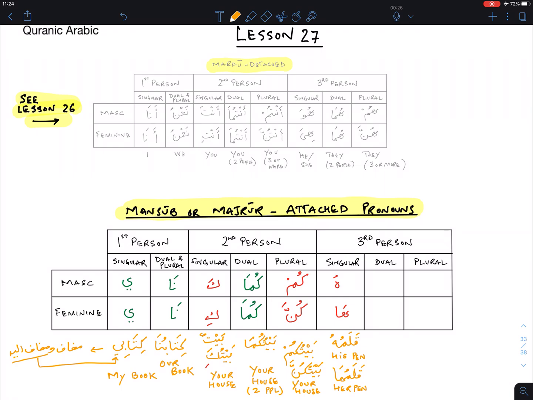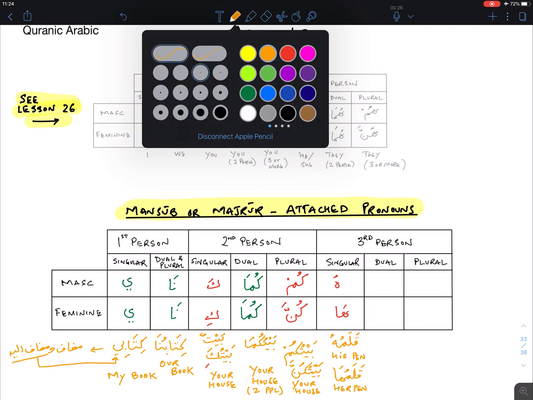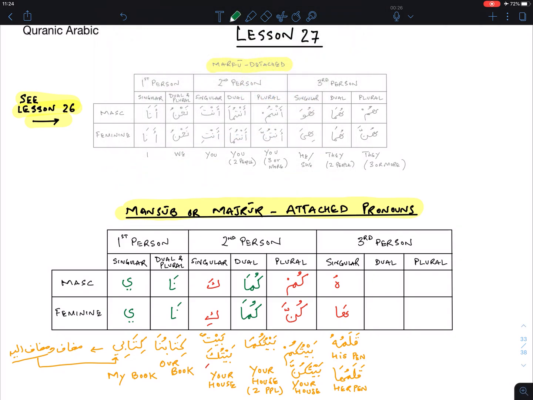But these are fixed. Remember I said that they're fixed. Even if they're majrūr or mansūb, they will come like this. Dual case for hu, let's make that common between the two, is humā. And it's the same for male and female.